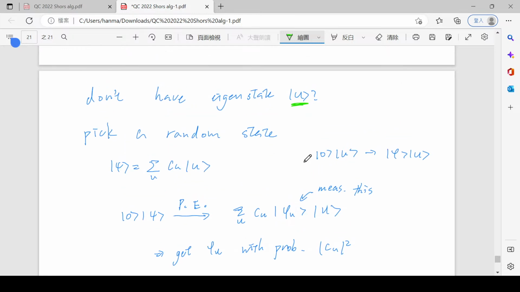Remember the quantum algorithms all have linearity. So if we don't have a fixed eigenstate of U here, we can pick a random state. Instead of using the eigenstate of U on the phase kickback register, we get some random whatever state, and that will be some linear combination of different eigenvectors, right?